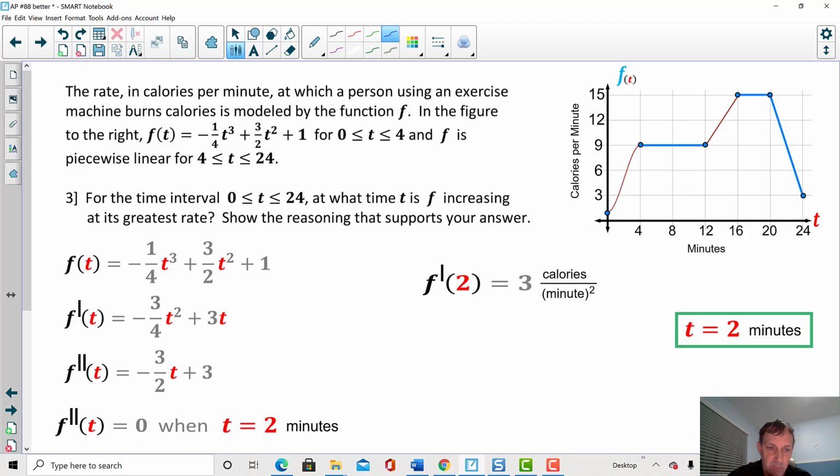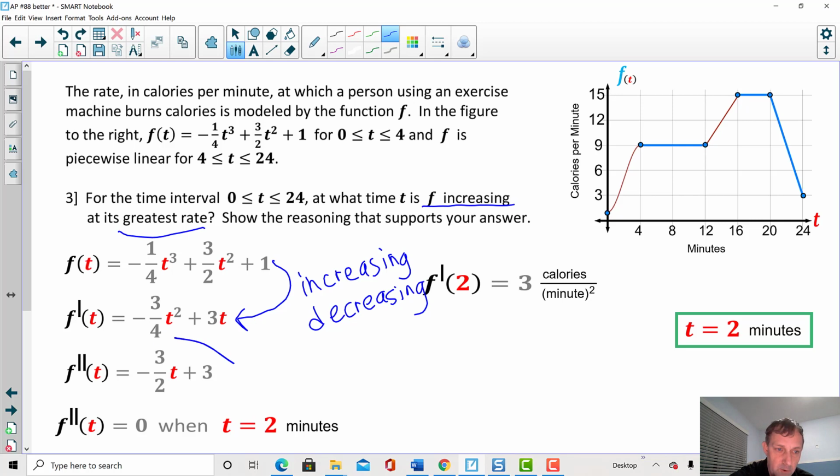Again, just to try to explain what we're doing here, this f prime function will tell us where f is either increasing or decreasing. We are looking for where f is increasing, but we want to find where it's increasing the most. So that's why we have to look at one more derivative, and that will tell us the most of that thing before it. It'll find the max and also the min of the thing before it.